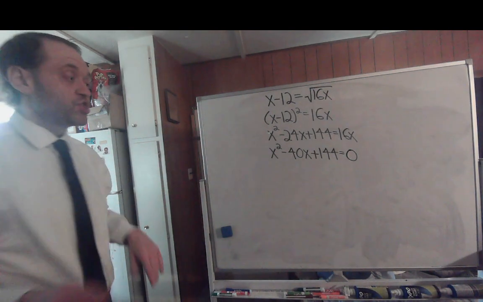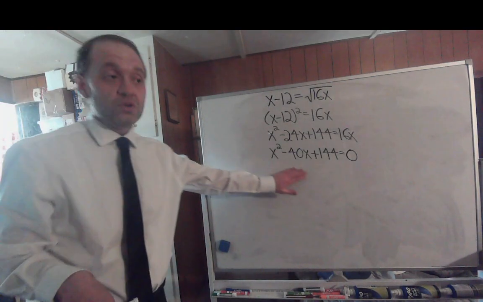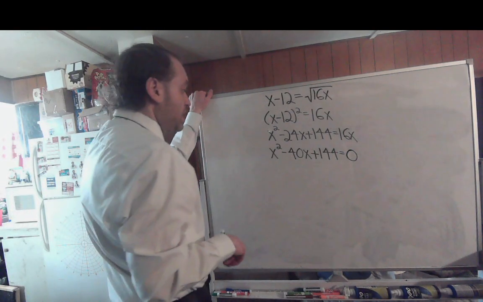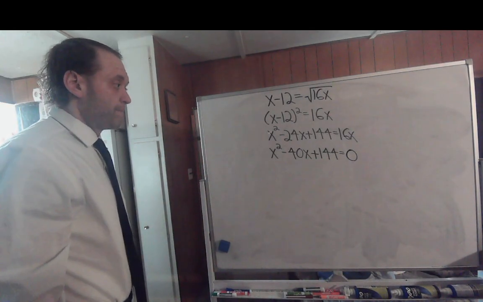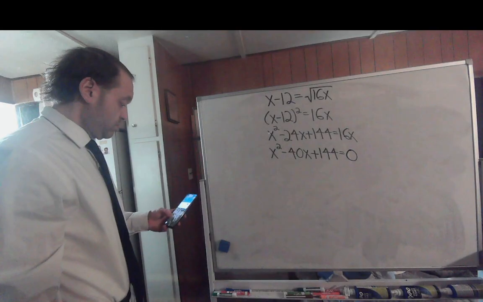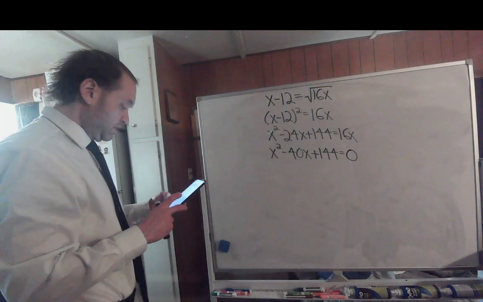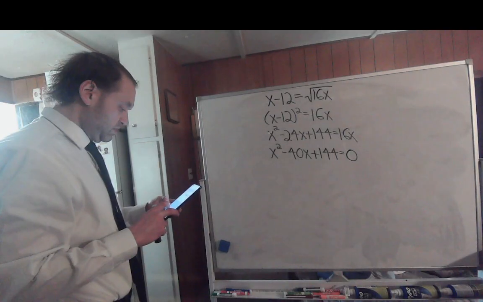Now, checking for extraneous solutions is going to be very important because we have a resulting quadratic equation. So, are there any factors of 144 that would give you negative 40 in the middle for your coefficient?